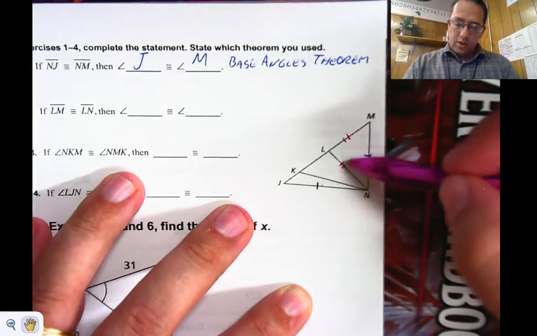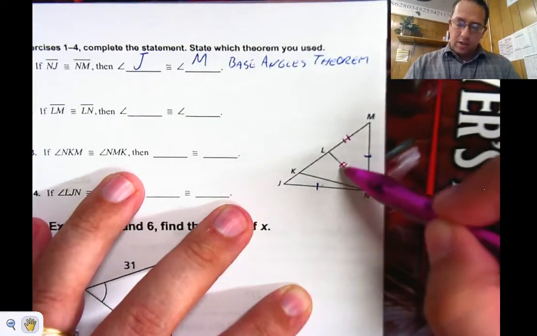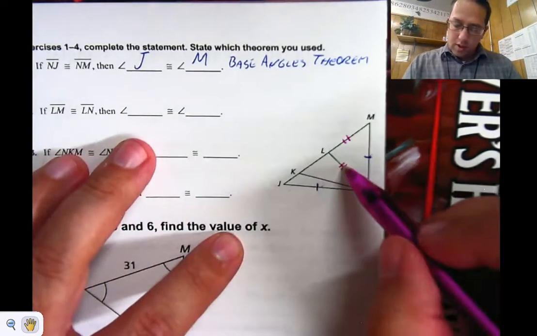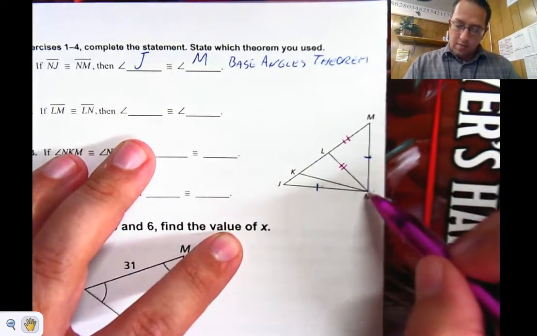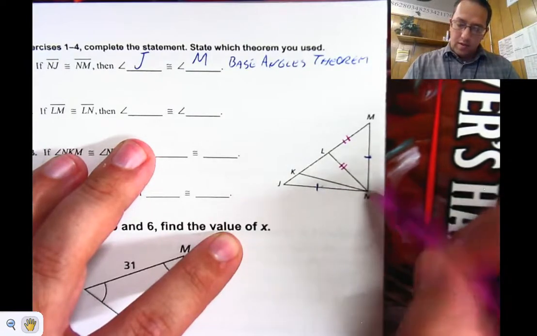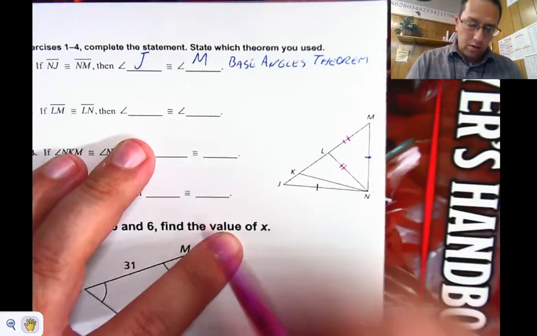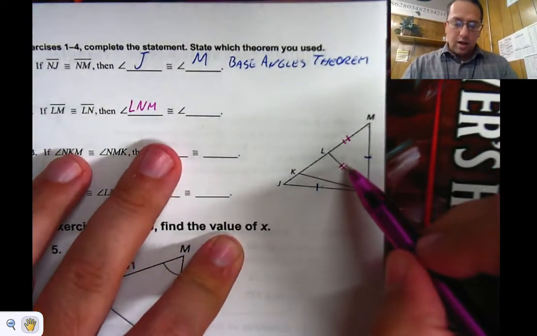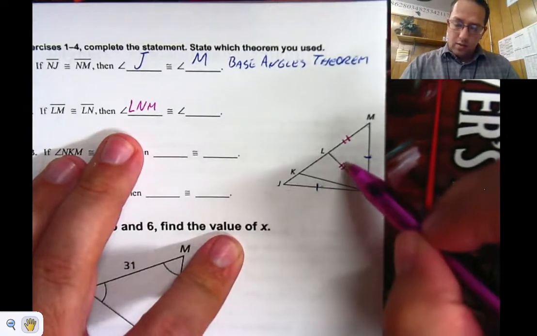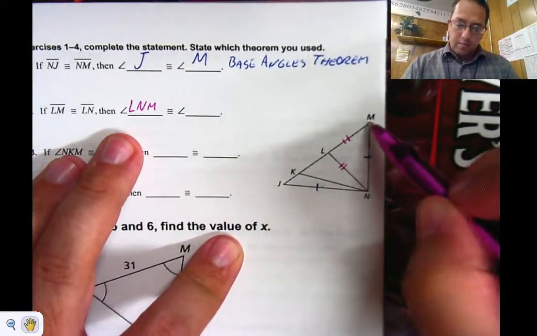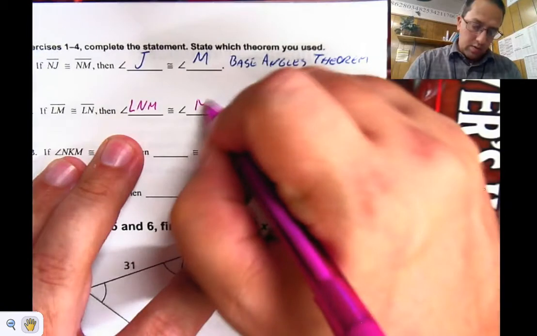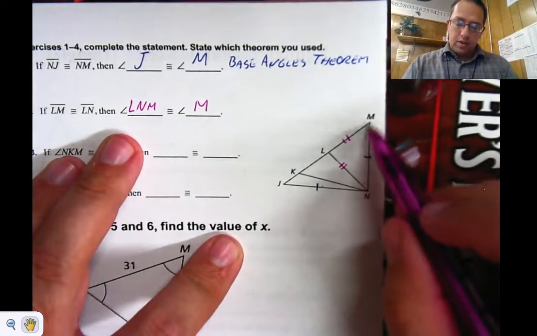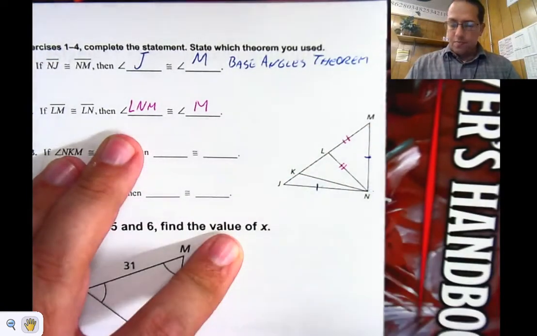And again, we have two sides congruent, so the angles opposite those two sides are going to be congruent. So that means opposite of LM is going to be angle LNM, this angle right here. So angle LNM. And opposite LN is going to be angle M, right there. Angle M. And we could call it angle LMN, but since it's the only angle we have there, we can just call it angle M.